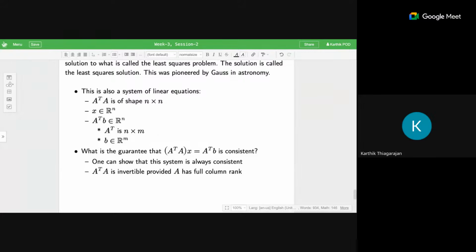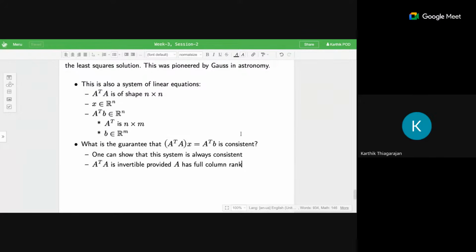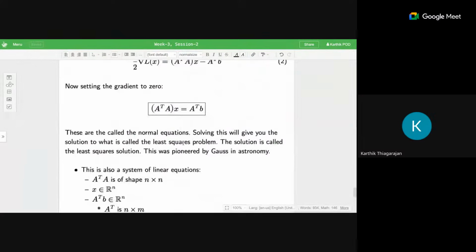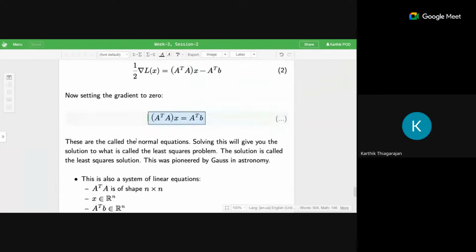You can actually spend some time and show that A transpose A is invertible provided A has full column rank. But you can rest assured that this is always consistent. So that's what allows us to stop with this equation and not dig in further. Okay, but that's the least square solution.